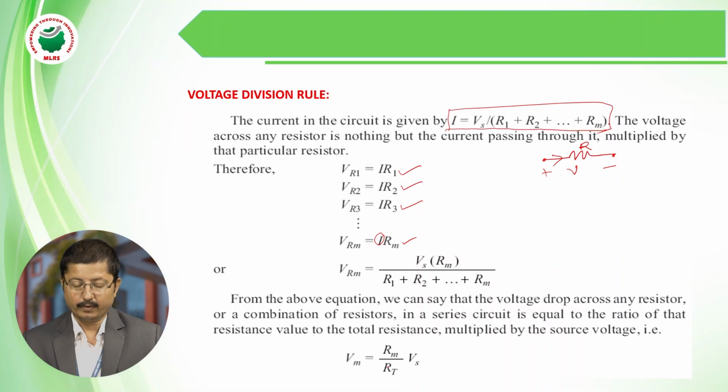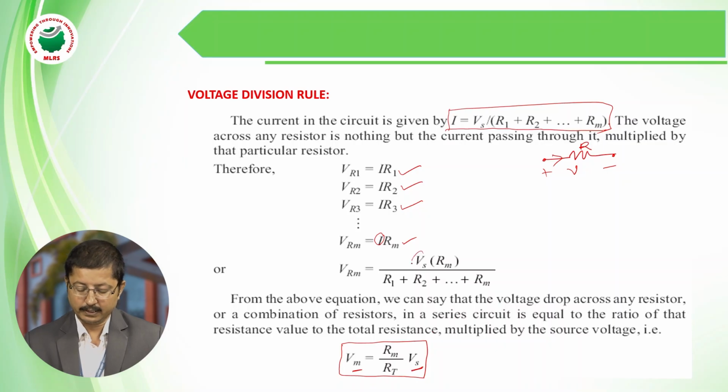From this equation we conclude the general expression: the voltage across the mth branch is the total source voltage multiplied by that branch resistance divided by the sum of the resistances. So this is the voltage at a particular branch, m being the mth branch, and this is the mth resistance divided by the total resistance.